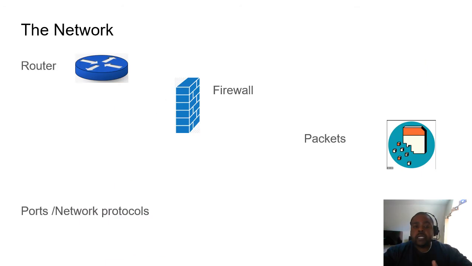So now that we are in the network phase, we're going to be dealing with packets. This is what our servers, desktops, laptops and phones are all sending back and forth: packets. In order to send these packets back and forth on the network, we need something to control the traffic, to tell the packets where to go and where to return back to. That's the job of the router.